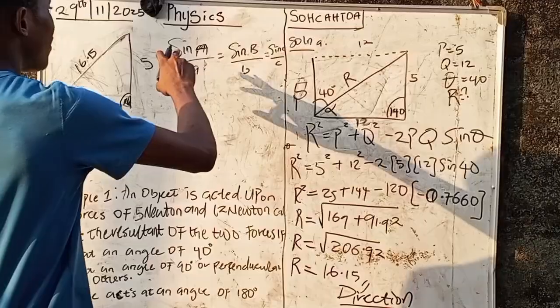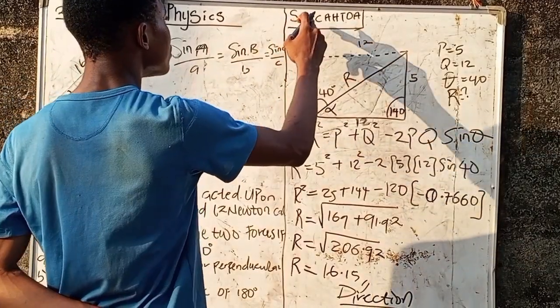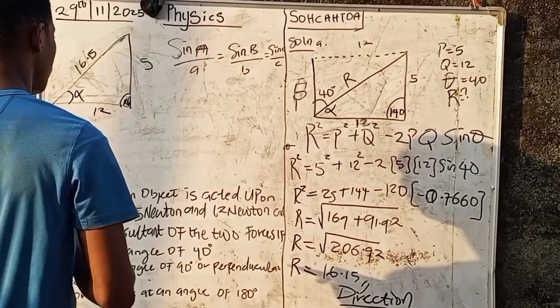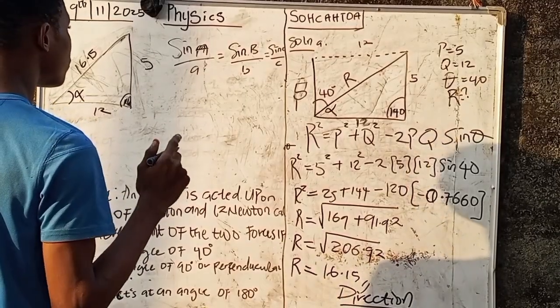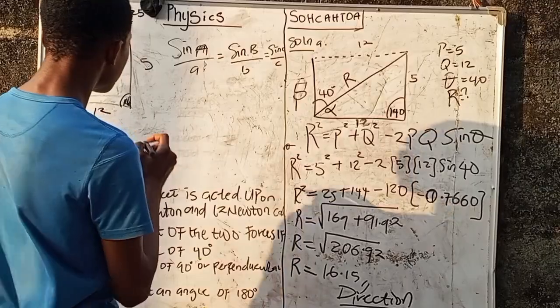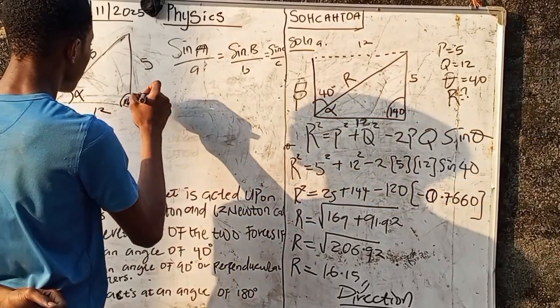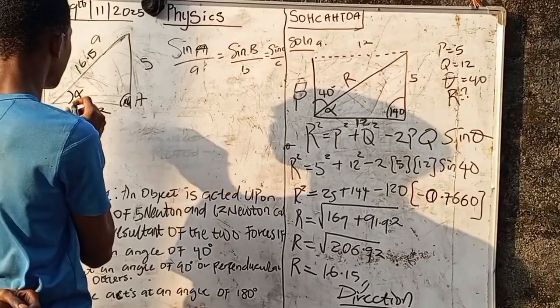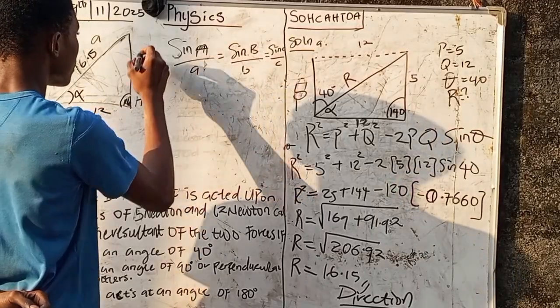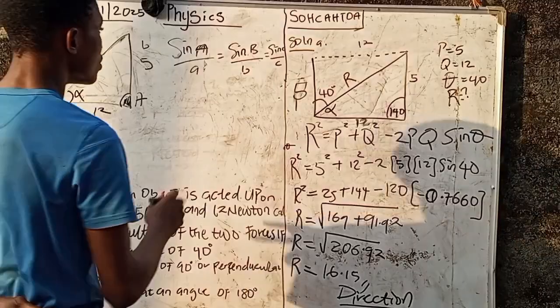Our sine is opposite all over hypotenuse. The capital A will go here, the small a will go here, the capital B will go here, the small b will go here.